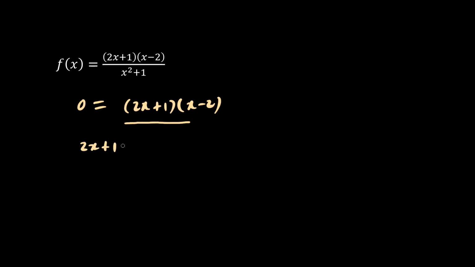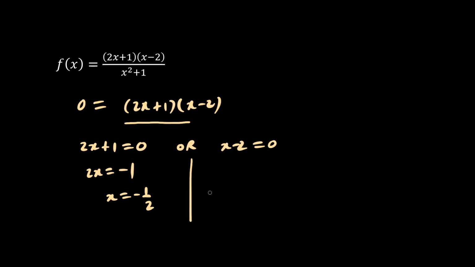We have 2x plus 1 equals 0, or x minus 2 equals 0. 2x equals negative 1. Dividing both sides by 2, we have x equals negative 1/2. Here, we have x equals 2. These are the solutions. These are also the x-intercepts, or the roots.